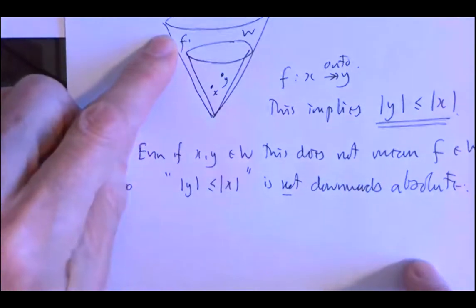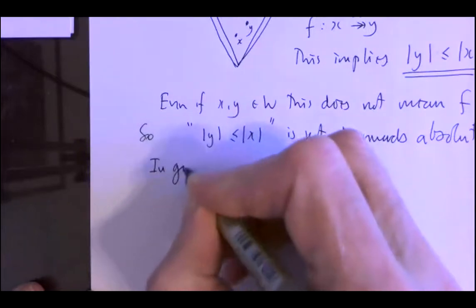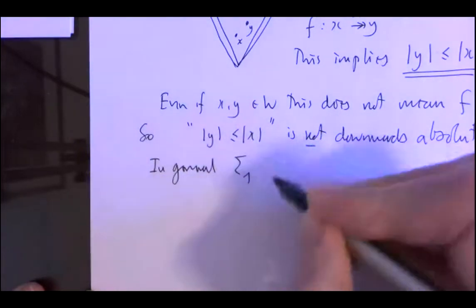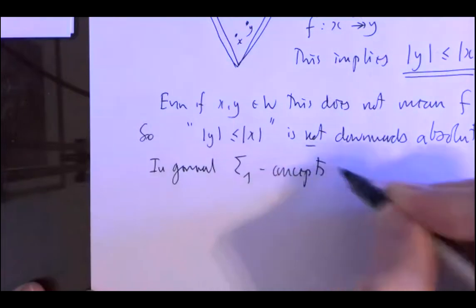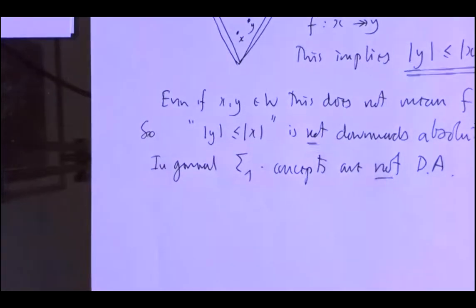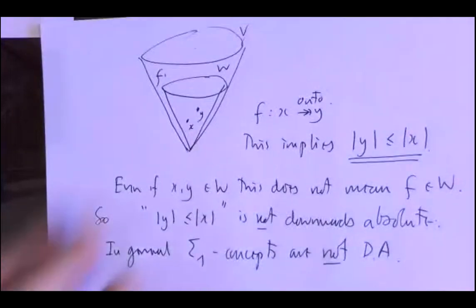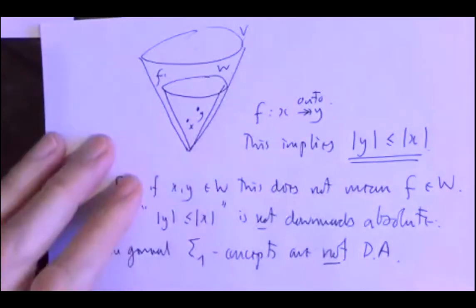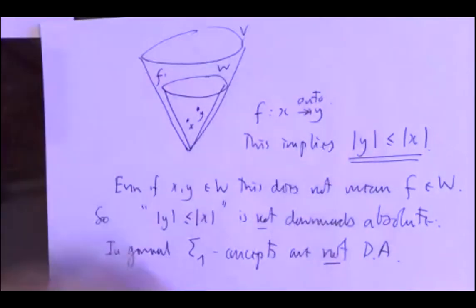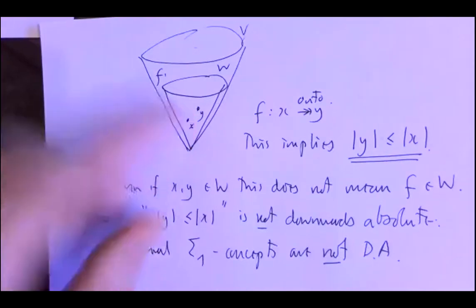So we have an existential statement saying this function exists, and it's true in V, but not in W. So sigma 1 concepts are not downwards absolute. But a pi 1 concept that says something about for all Fs or Gs will be downwards absolute, because if it's about for all, it's about all of those that are in W as well. So pi 1 is downward absolute.